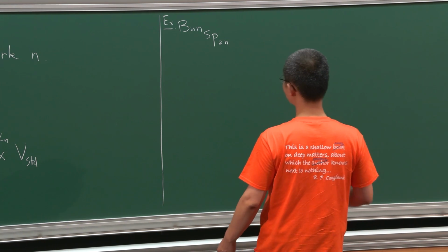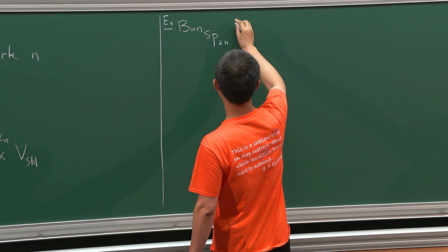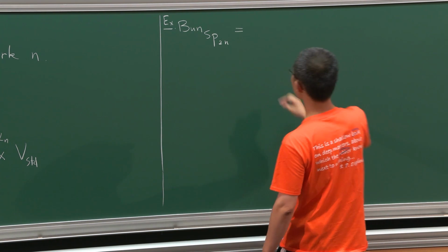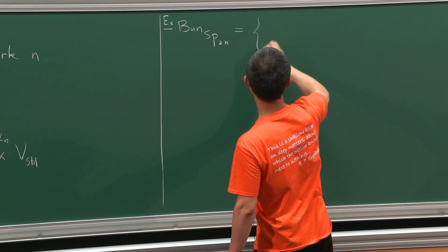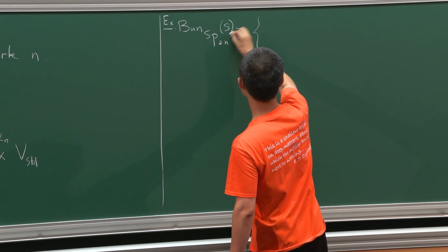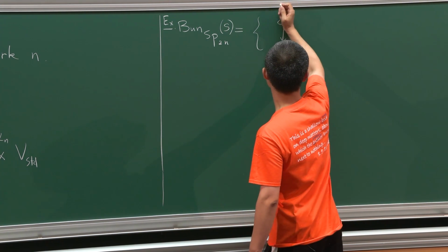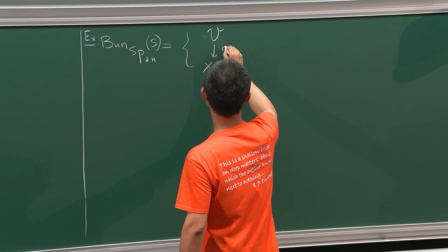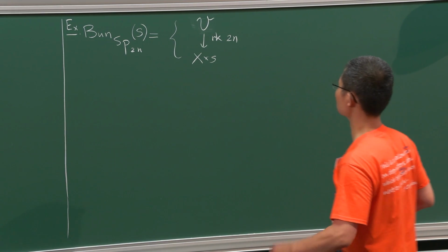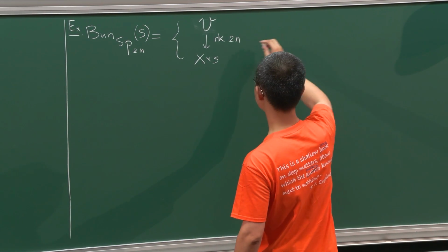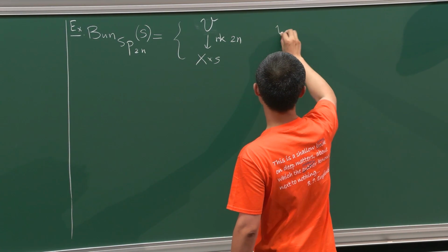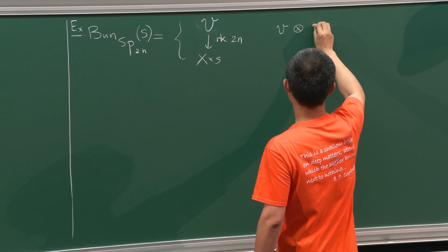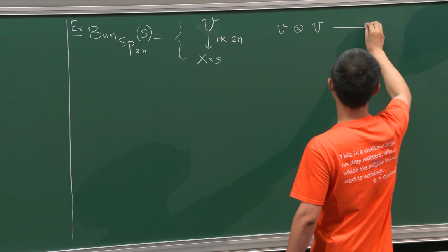For example, Bun_Sp_2N classifies rank 2m bundles together with a symplectic form. This symplectic form means there is a perfect pairing.